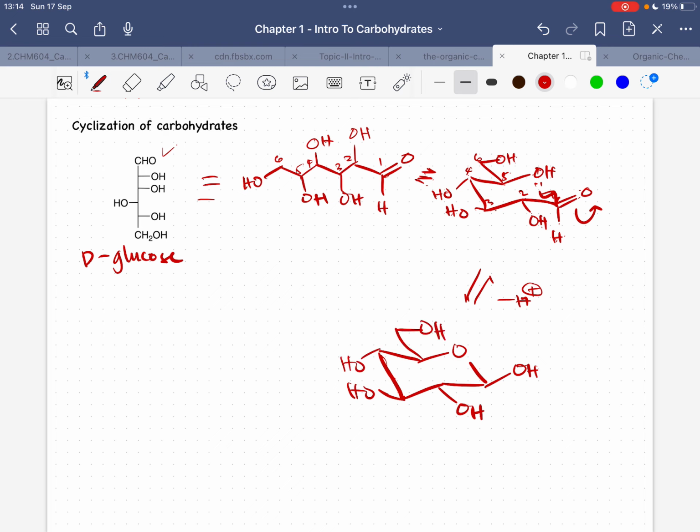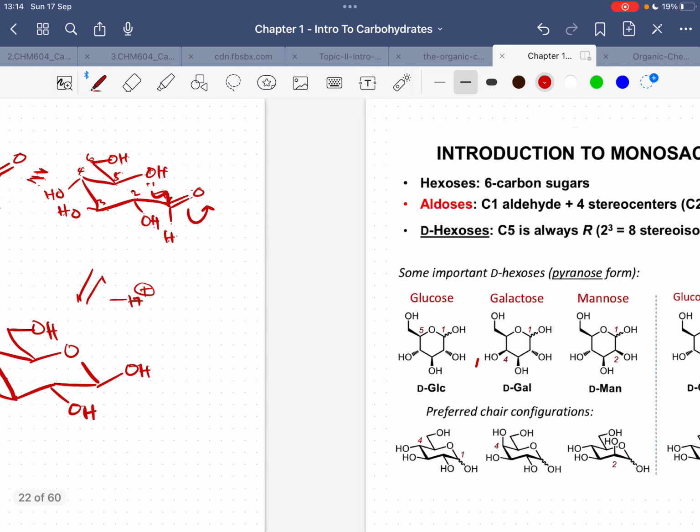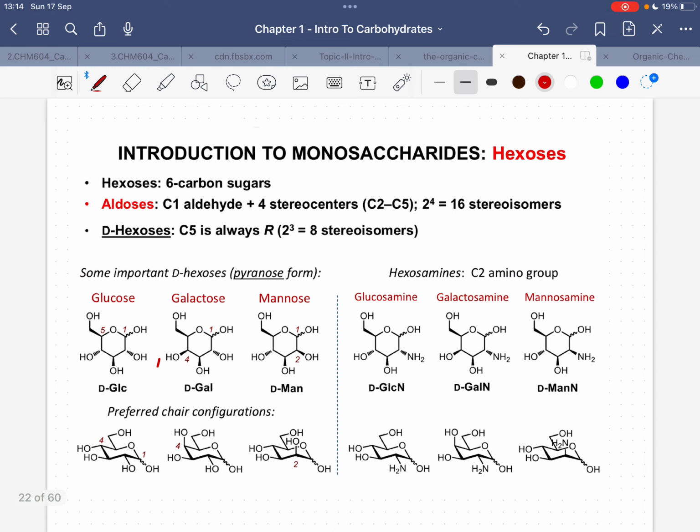So that is the cyclization mechanism of carbohydrates from acyclic to cyclic form. And it follows the acetal or hemiacetal mechanism, either acid or base catalyzed mechanism. So, introduction to monosaccharides. The common monosaccharides, as I mentioned earlier, are hexoses.